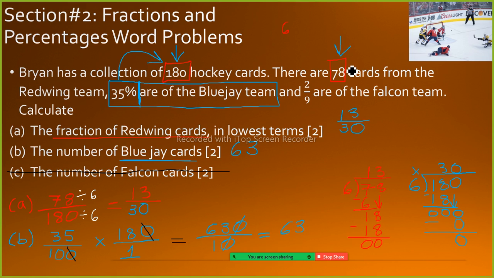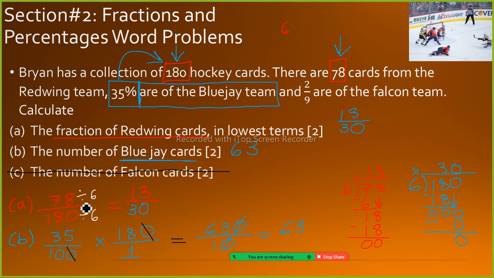So the first thing we have to do with these, to find the fraction, is put whatever we have for Red Wings on top and whatever we have in total at the bottom. And then find a number that can go into both of them without leaving a remainder. In our case it was 6.